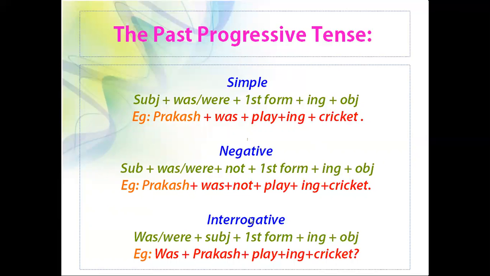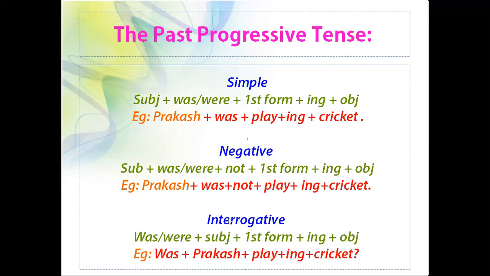While writing in interrogative: was or were plus subject plus first form plus ing plus object. For example, was Prakash playing cricket? So what is the structure? Was or were plus subject plus first form plus ing plus object.